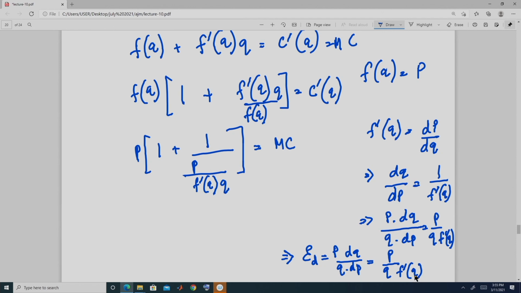Here we plug in this, and the elasticity of demand, since this is always negative, we can write it in this form.